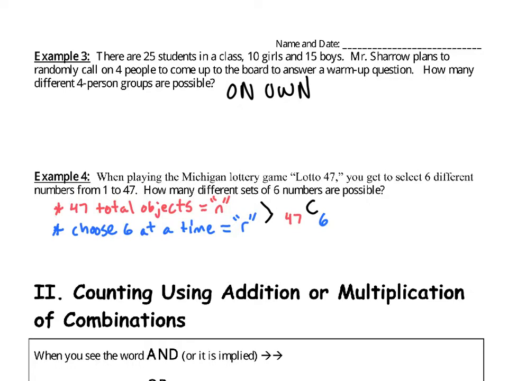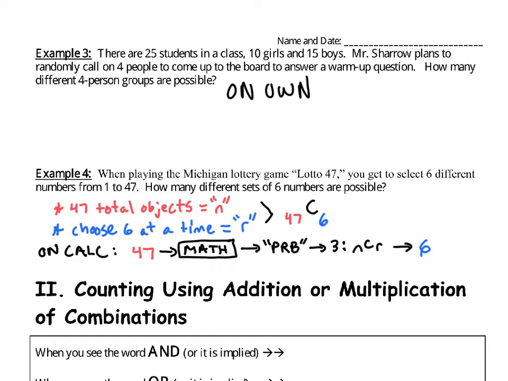Because these numbers are a little larger, I'm going to show you how you can do combinations on your graphing calculators. Here's the sequence of keys you would press. You start by entering the number 47, the total number of objects, on the home screen. Then you hit the math button, and then you scroll over to the probability menu, which is the menu on the far right, and you select option number 3, nCr. Once you hit enter, you then press the number 6.